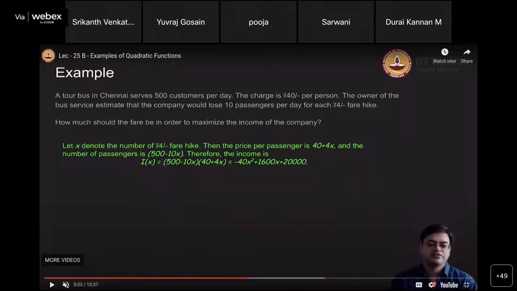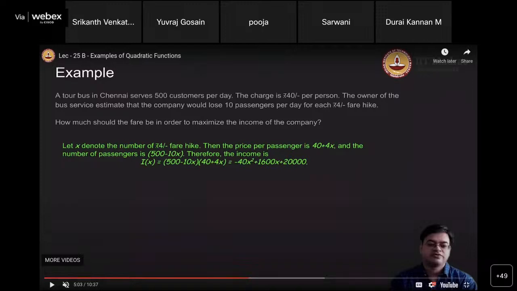Forget about the other statements. The first statement is that you serve 500 customers per day. The second statement is that you charge 40 rupees per person. Now my question is, if there are 5 persons, how much are you going to charge for those 5 persons?